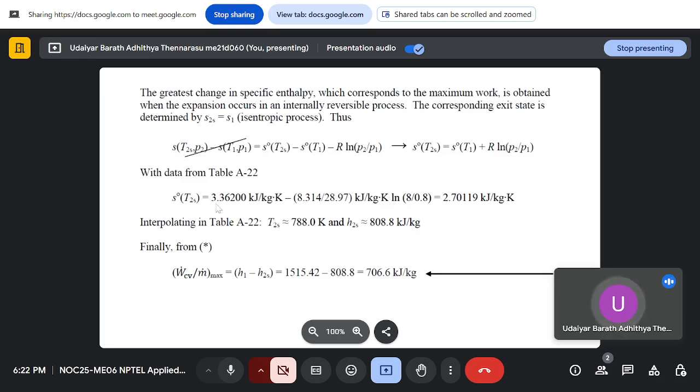So S0 at T_S is 2.70119 kilojoule per kg Kelvin. Substituting the values here and interpolating, we get a temperature of 788 Kelvin, or an enthalpy of 808.8 kilojoule per kg. So your work will become H1 minus H2S, which is 1515.42 minus 808, that is 706.6 kilojoule per kg.